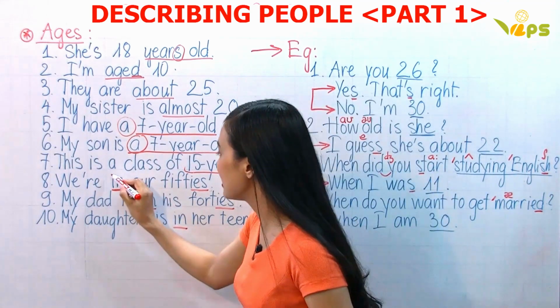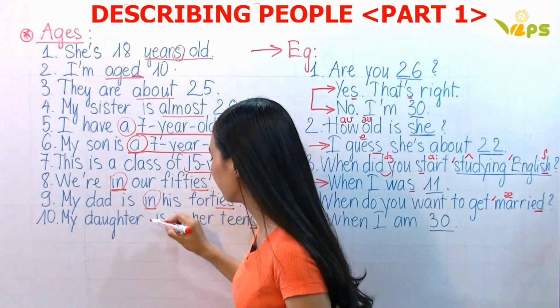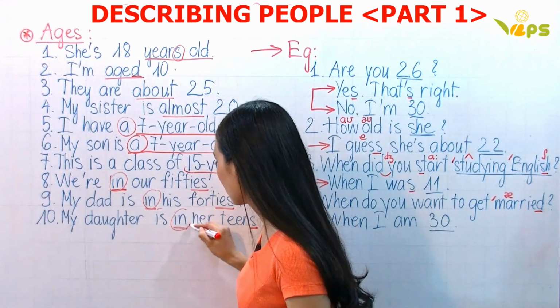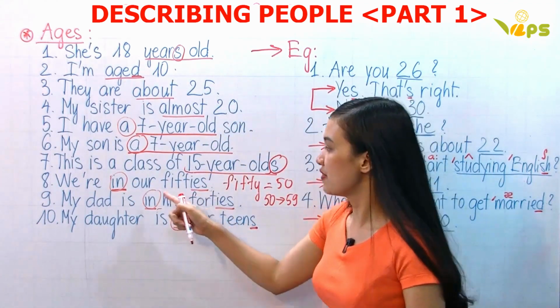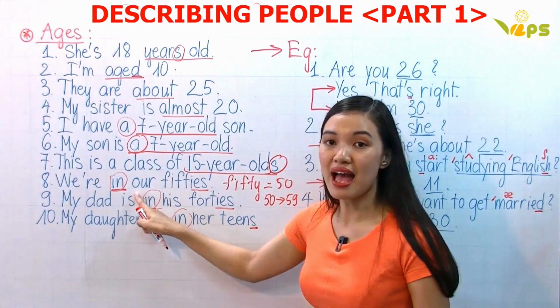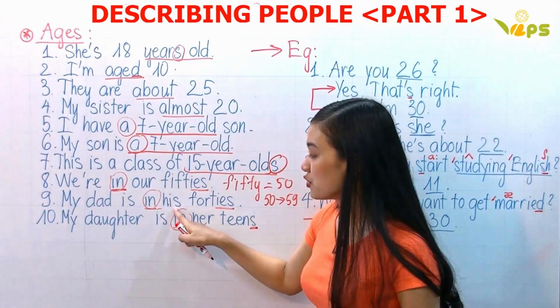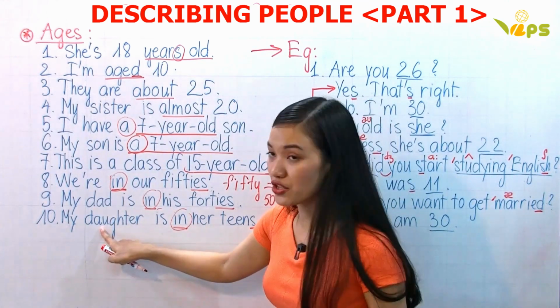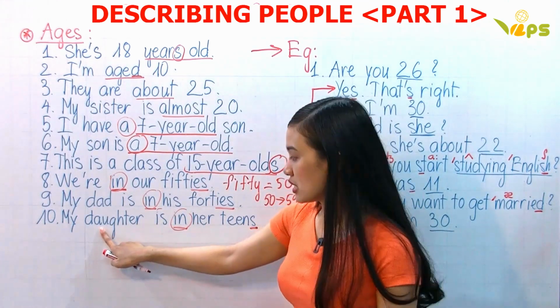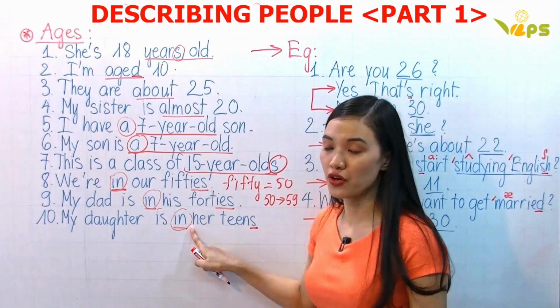Remember, we use in here. In, and then we use our. My dad, that means he, right? And I use his. Daughter is a girl, she, and in this way I use her.